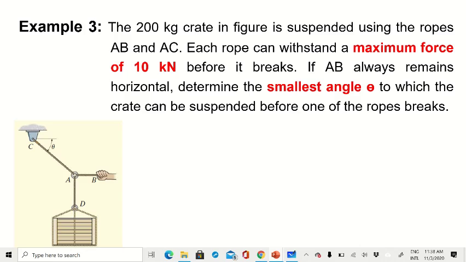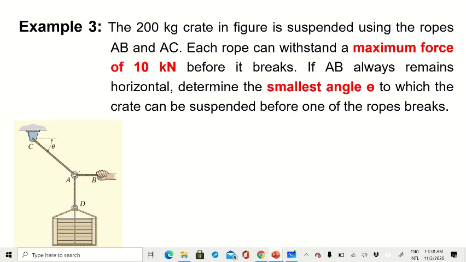We are given three things: first, the question gave us the mass of the crate, and it says the maximum force that these two ropes can withstand is 10 kilonewton.